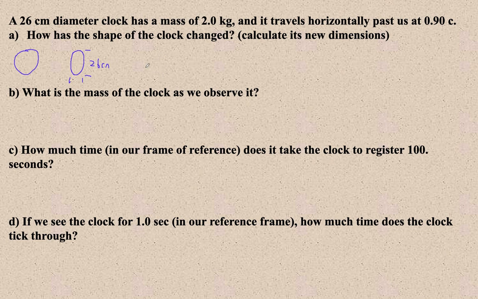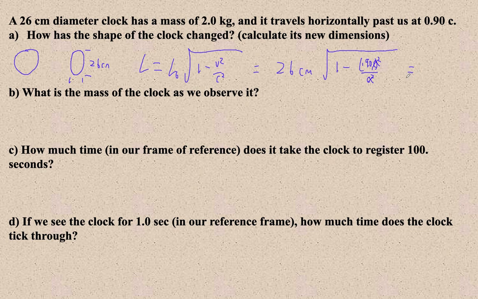So our length is going to be the original length times the square root of 1 minus v squared over c squared. That's 26 centimeters times the square root of 1 minus 0.90c squared divided by c squared.